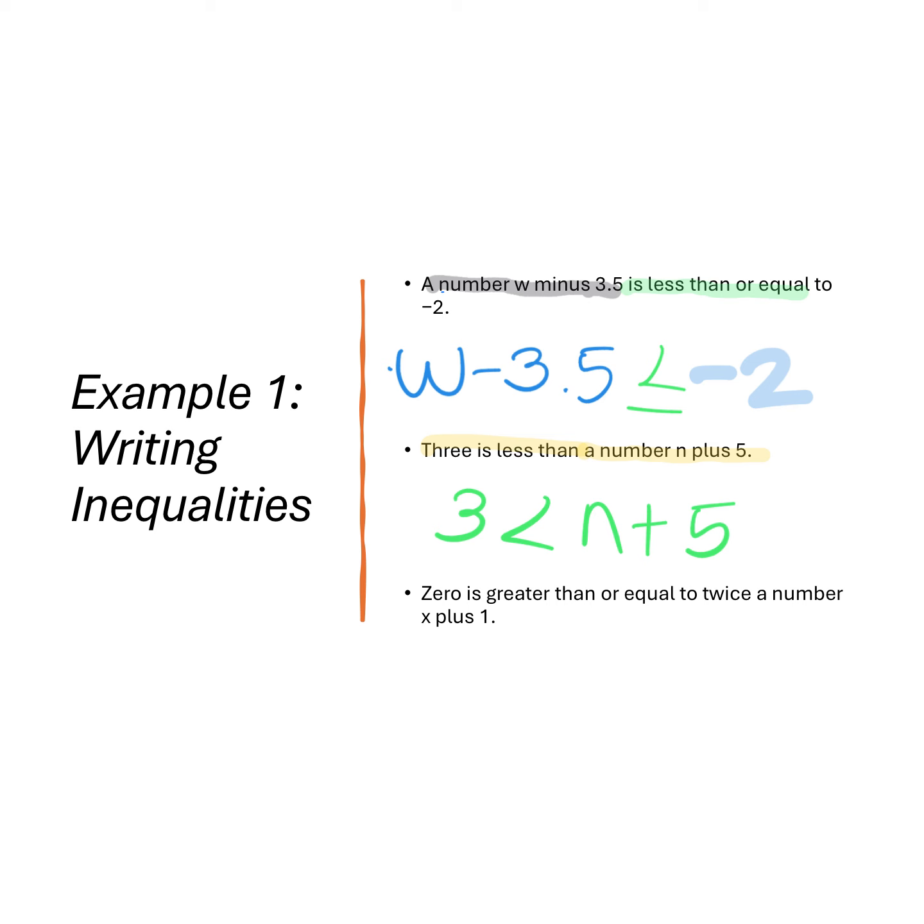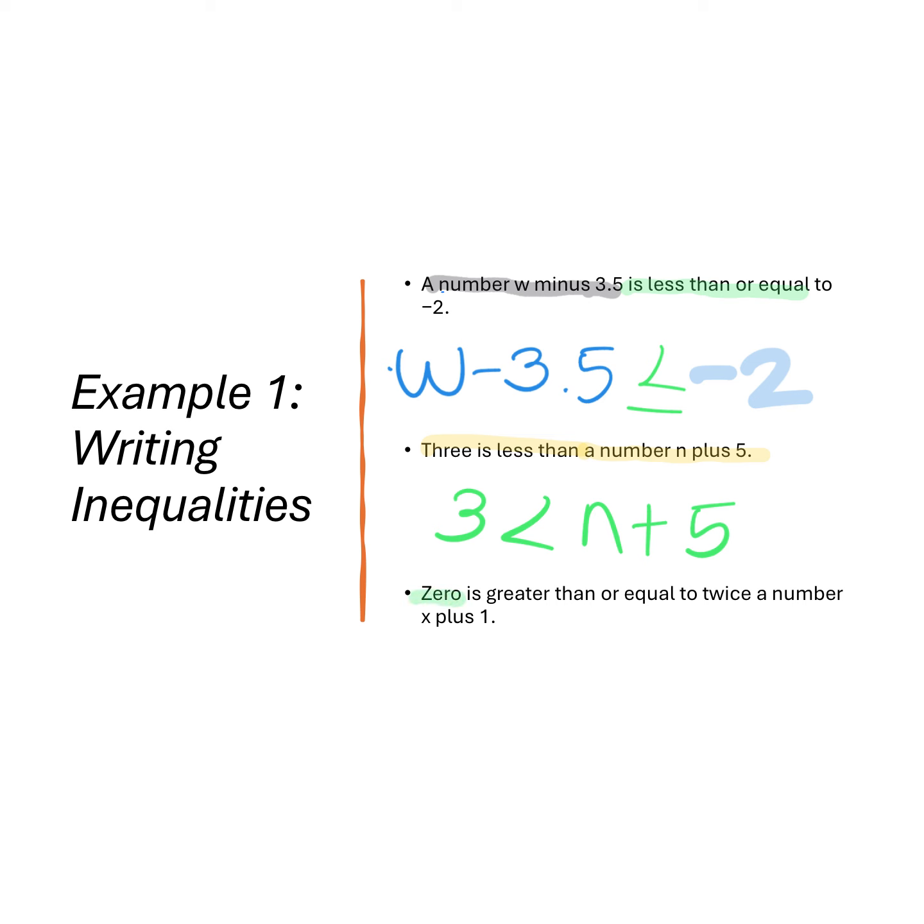The next example, we have 0 is greater than or equal to twice a number x plus 1. Again, break down the part of the sentence that is asking you so that you could write the inequality. 0 will be what? Do you think the word is means, is already basically like the equal, right? It's your answer. So is going to be what?